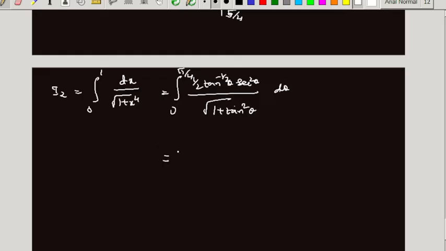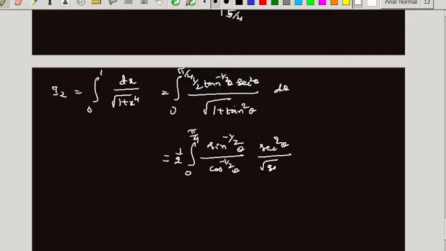So here we can write this as 1 by 2 integral 0 to pi by 4. This tan inverse can be written as sin power minus 1 by 2 theta dividing by cos power minus 1 by 2 theta, and here into secant square theta, dividing by square root of secant square theta into d theta.